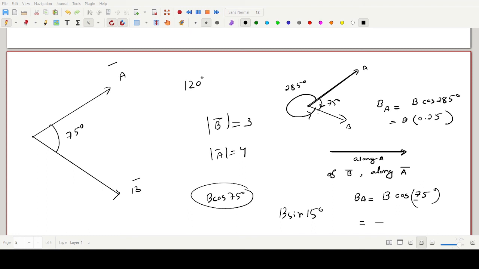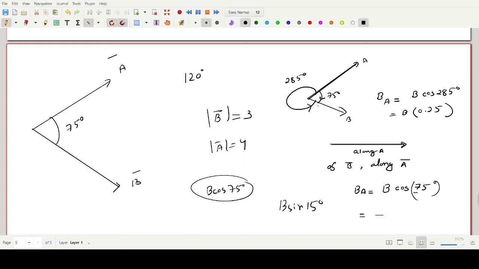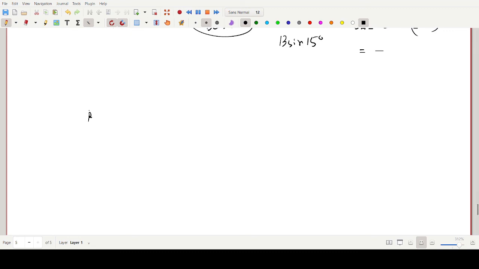So this is our resolving of components. Now let me ask you one thing. Suppose we have a vector. I just finished summarizing things, and now I will give the last classwork. Let's say we have a vector r, and these are the three components.